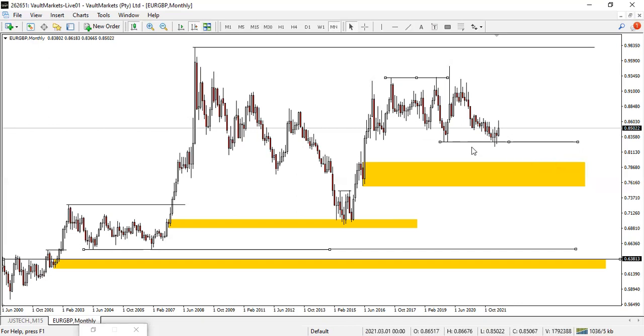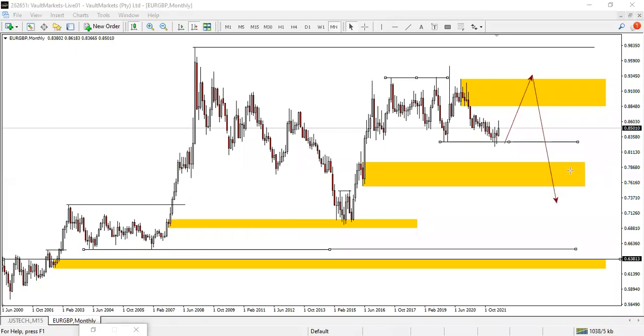Well, as it is now, I'm looking at this base bearish order block. I'm looking at this area, at this zone. So now what do I expect? Now I'm expecting this, then this, and then this, then this, right? On a monthly time frame, okay?